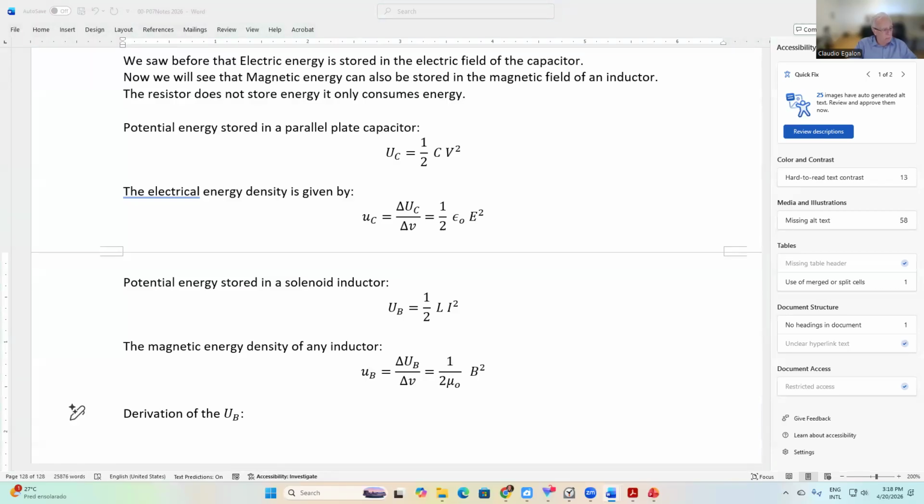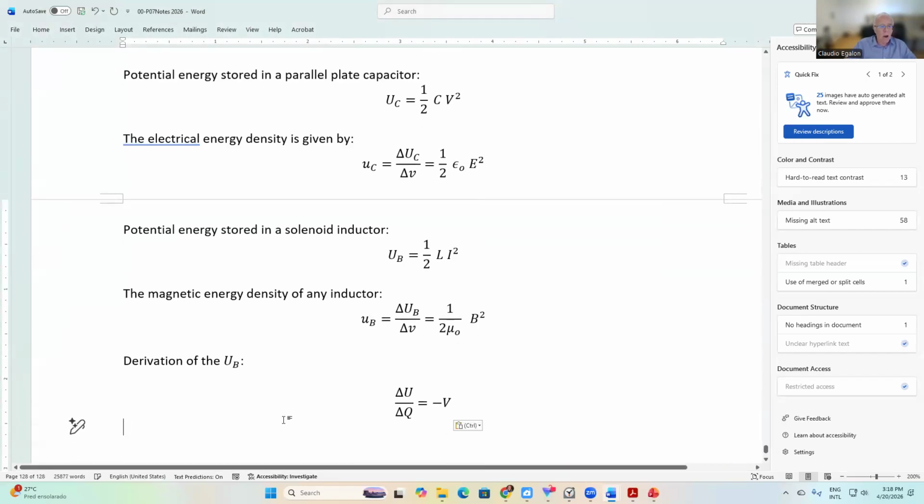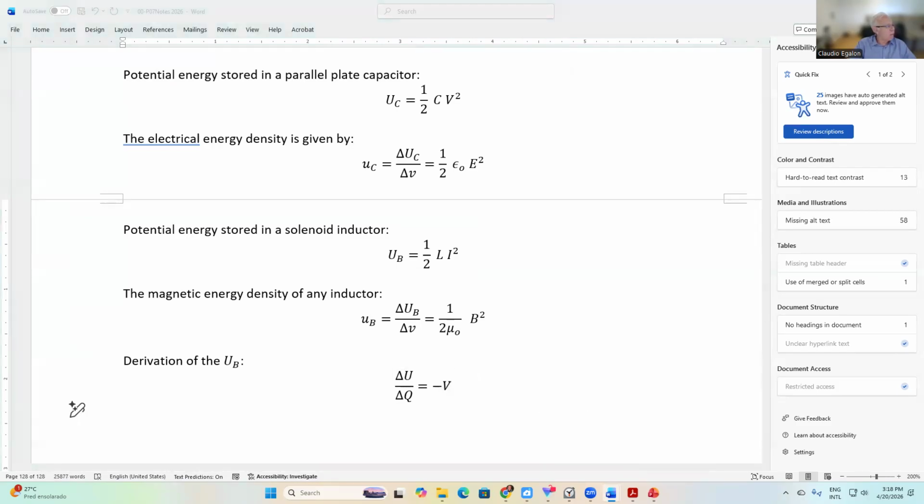We start with this relation here of delta U over delta Q is equal to electric potential, right? There's a relationship between the potential energy and the electric potential. And we repeat the same for the inductor.